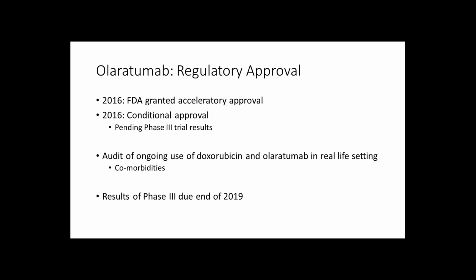I suppose the regulatory and funding approval, the majority of people think that the benefits of giving 2 extra cycles of doxorubicin from 6 to 8 wouldn't result in such a profound improvement in overall survival of about 12 months.